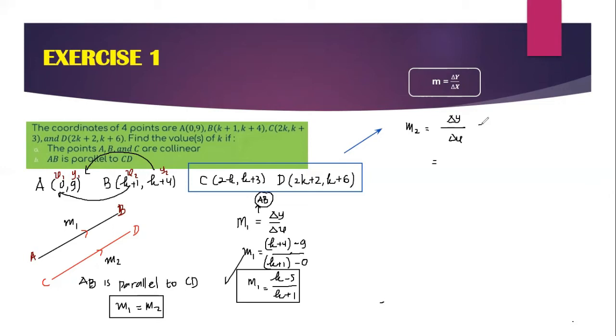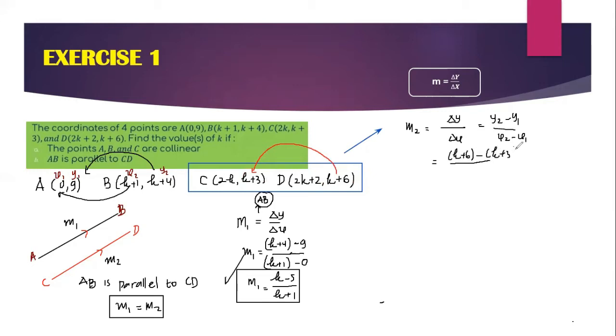What is the formula? Y2 minus Y1 over X2 minus X1. Now we check Y2 and Y1. Y2 is K plus 6, and Y1 is K plus 3. Inserting: Y2, K plus 6, minus Y1, K plus 3.